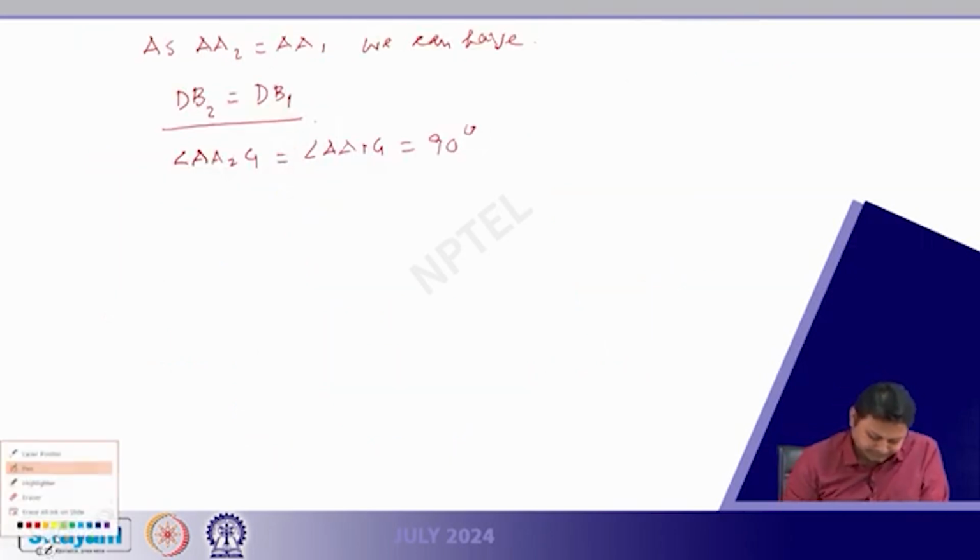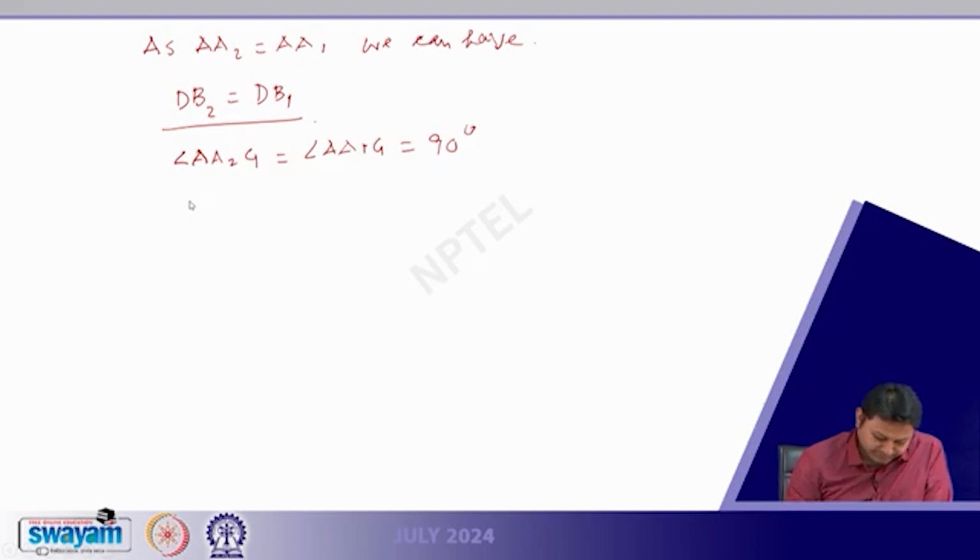So, I have angle A2 A C1 is equal to angle A1 A C1, this is R, and also one important expression I have, that's I plus R is 90 degree.